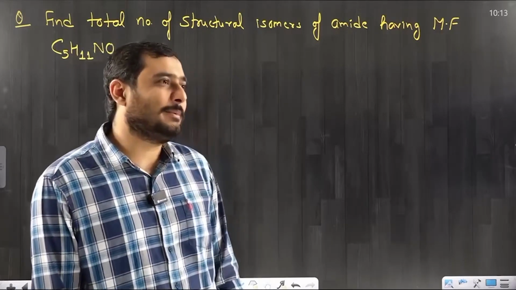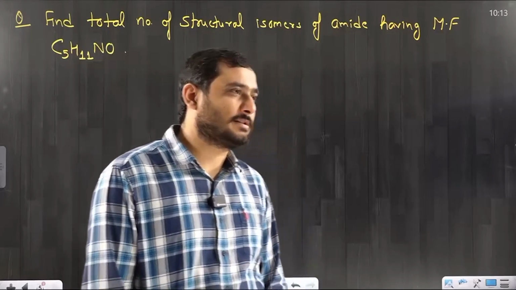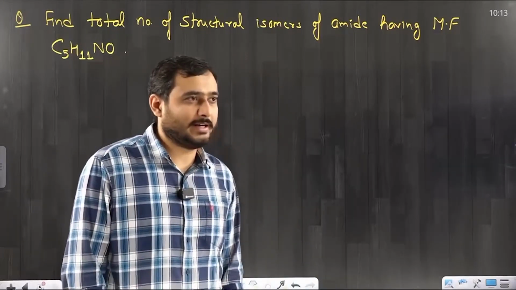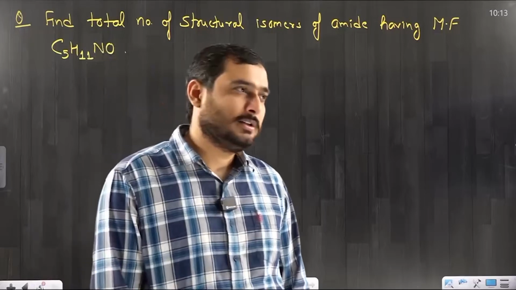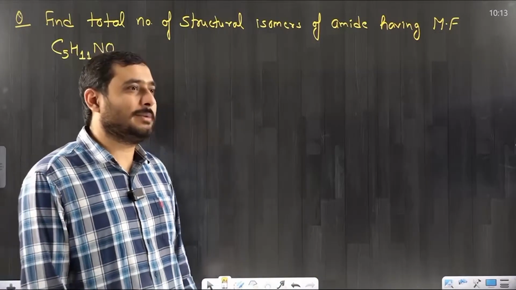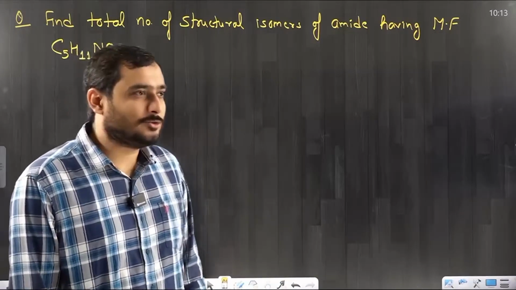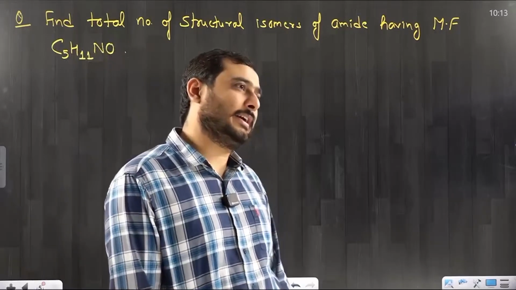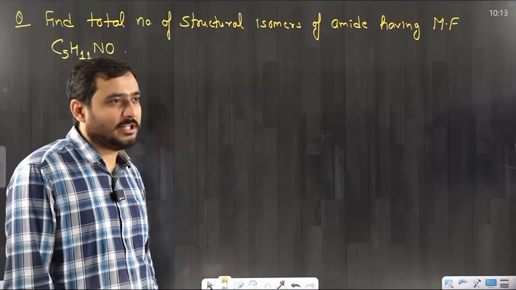So how many secondary amides are possible? 9, not 6. Ratna, you are correct. 9 are secondary amides. Very good. Now move to the third part, tertiary amide. Students are telling secondary amide 9, correct. Now move to tertiary. How many tertiary are possible?